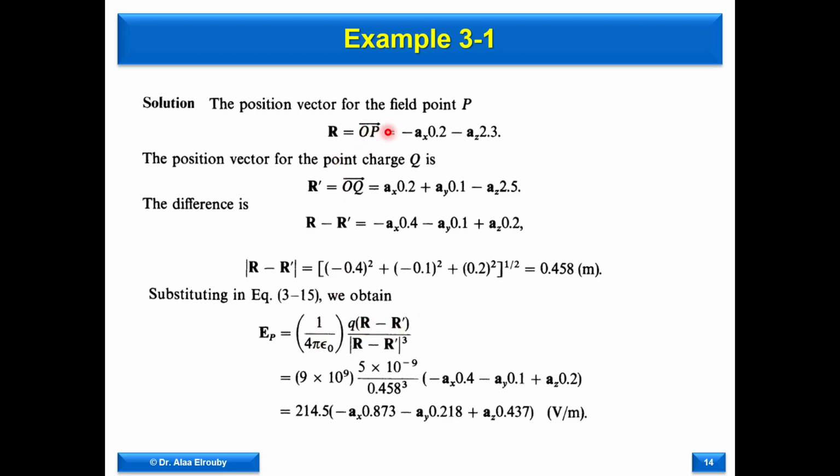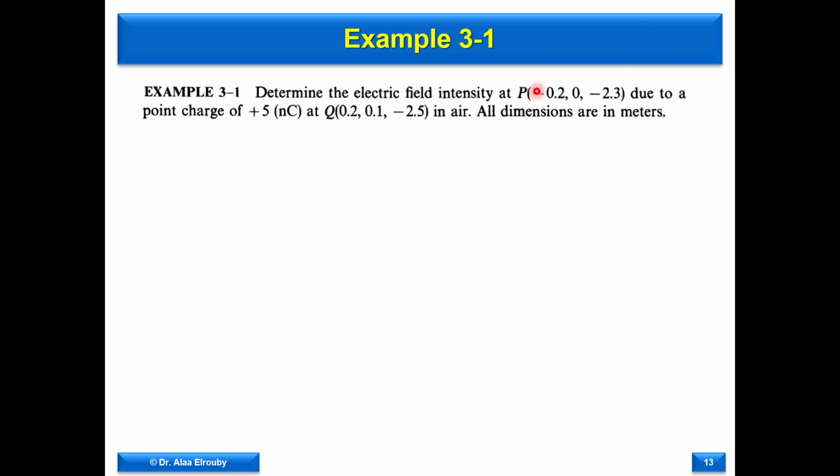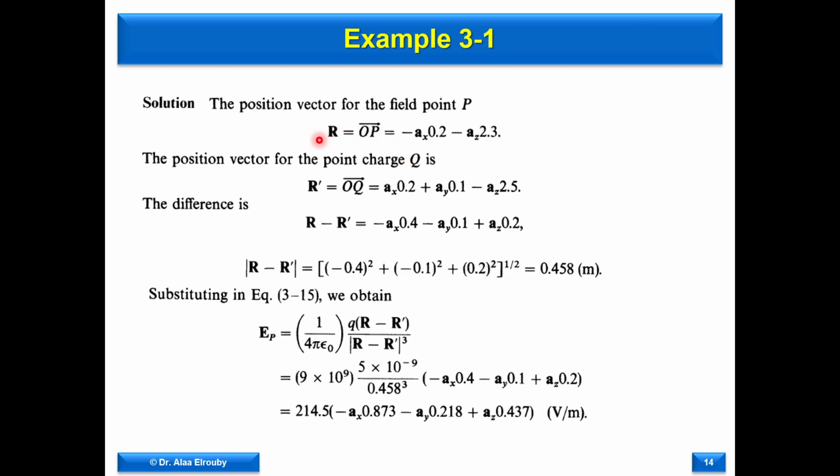So R is OB, from O to the point B, and it is given here. So it's minus 0.2 in X, minus 2.3 in Z. So this is the position vector of the observation point. The position vector of the point charge is OQ.